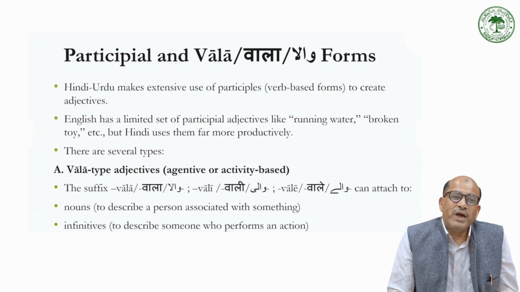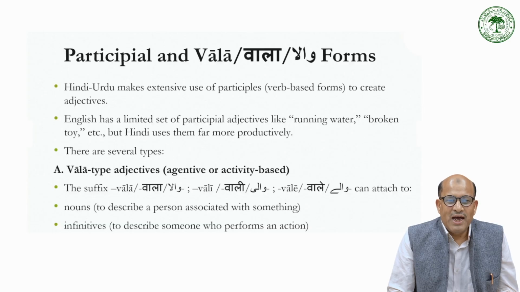Now, Hindi Urdu makes extensive use of participles, like verb-based forms, to create adjectives. English has a limited set of participial adjectives like running water, broken toy, etc., but Hindi Urdu uses them far more productively. There are several types. Wala type adjectives, with agentive or activity based.